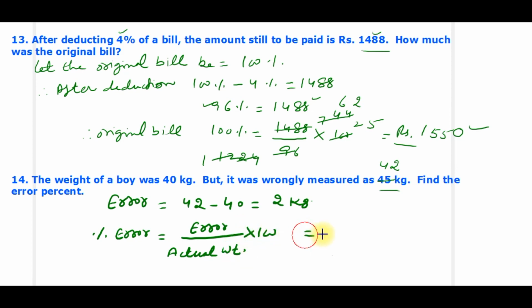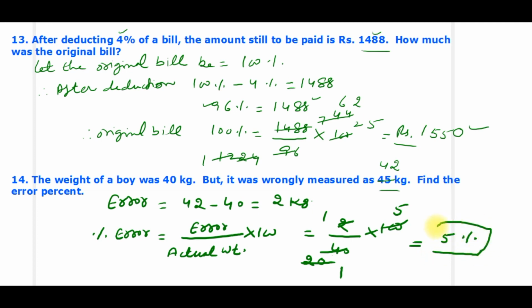Error is 2, actual weight is 40, multiplied by 100. 2 20s are 40, 2 5s are 10. So error percent would be 5. There would be an error of 5%. This is your answer, right?